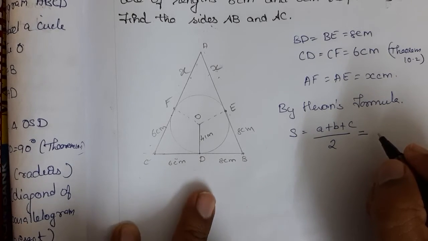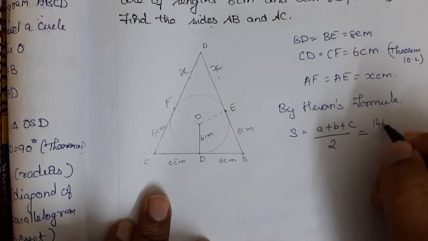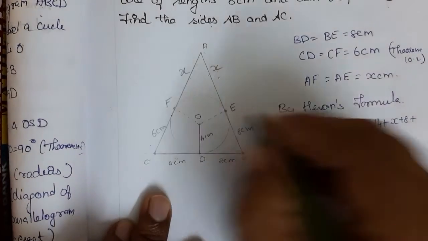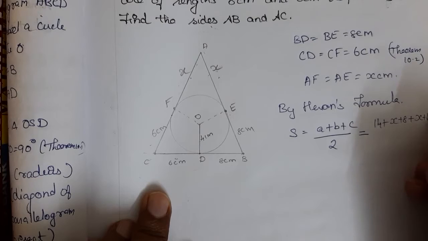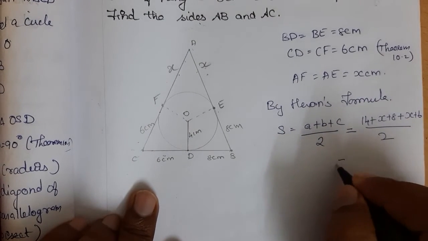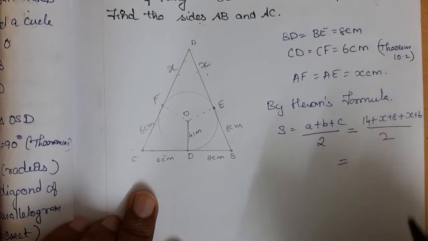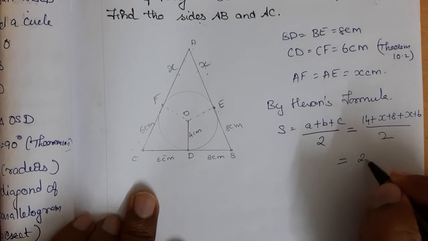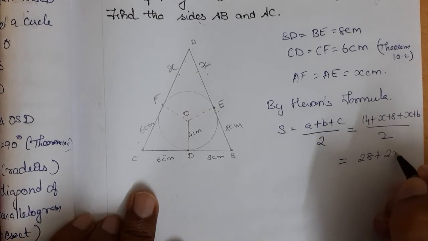So 8 plus 6 is 14, plus x plus 8, plus x plus 6, divided by 2, right? So it will be 14 plus 8 plus 6, that is 28, plus 2x, divided by 2.